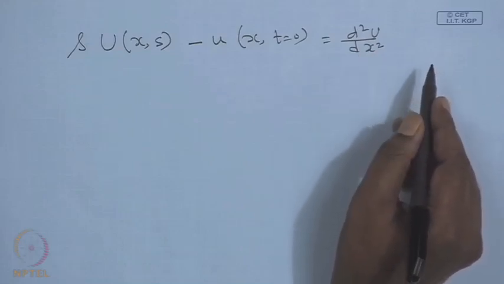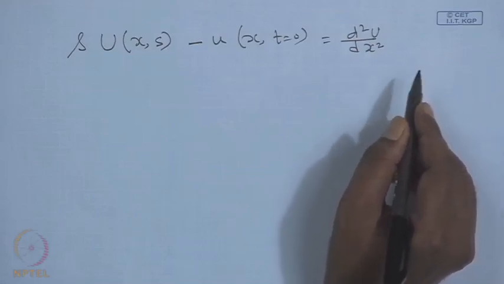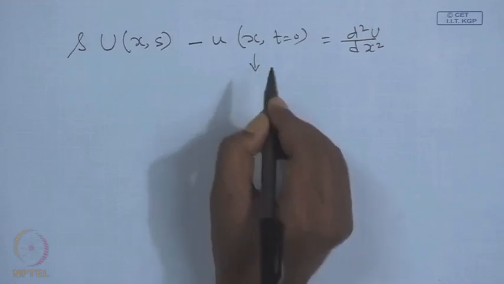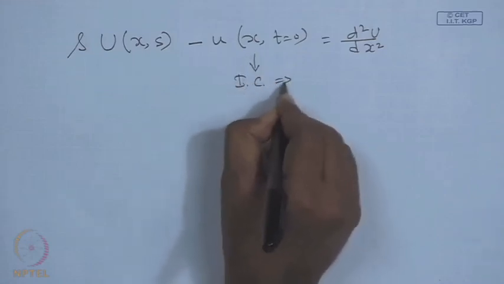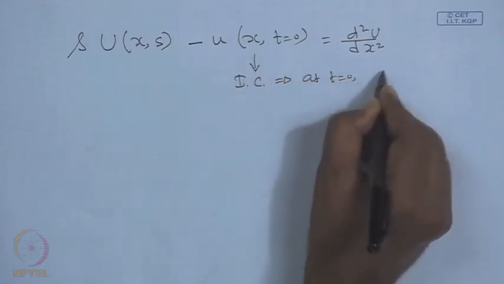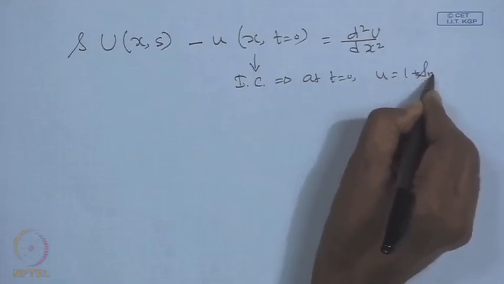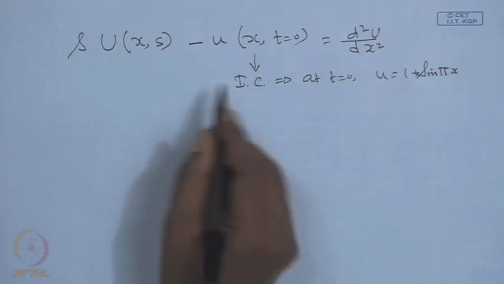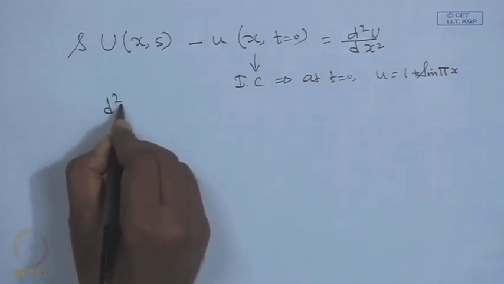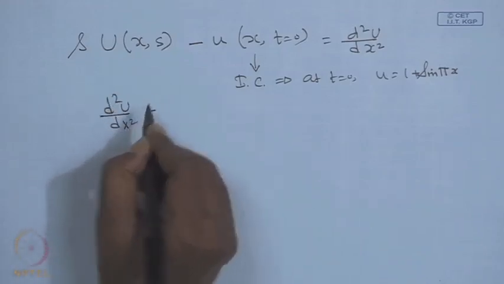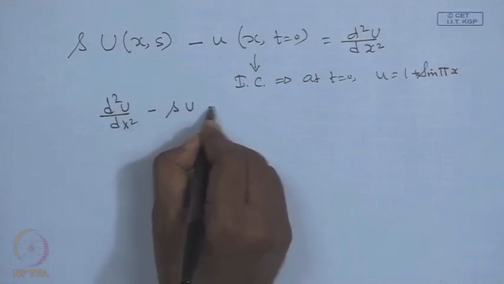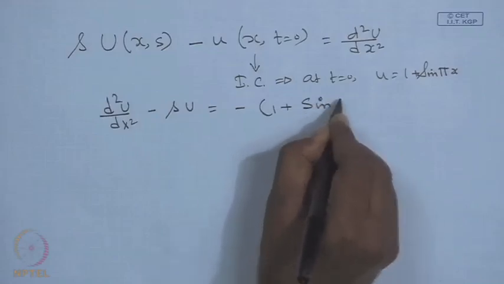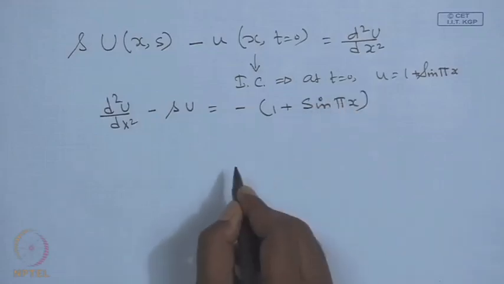So, now we know u at t is equal to 0 is given as 1 plus sin πx. So, this is the initial condition. We rearrange this equation and see what you get: d²U/dx² minus sU is equal to minus (1 plus sin πx).